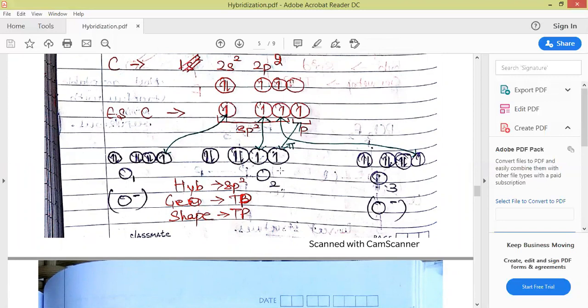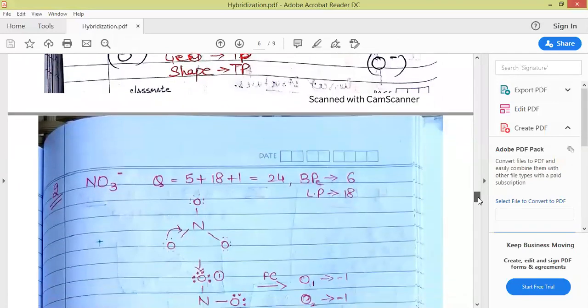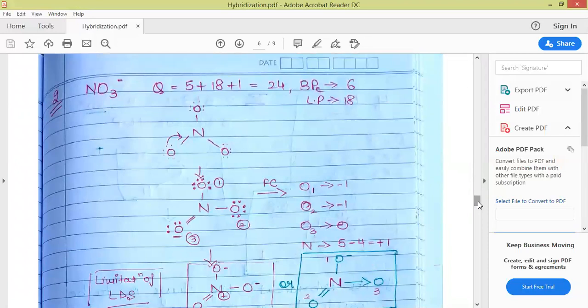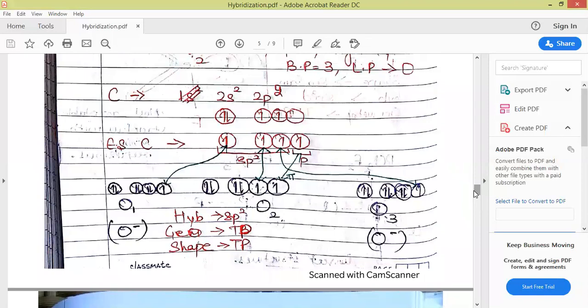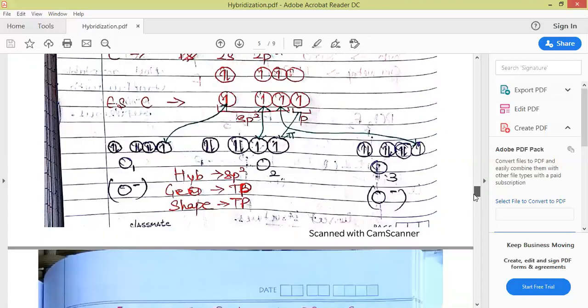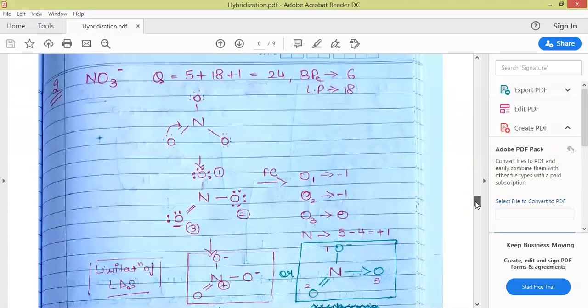This oxygen is neutral. It has 2 electrons short for the completion of its octet, so it will form 1 sigma and 1 pi. This is also present as O negative, so will give negative charge to one of the corner atoms here in the case of carbonate, but in general the negative charge while considering the hybridization is given to the more electronegative atom and positive charge is given to the more electropositive atom.